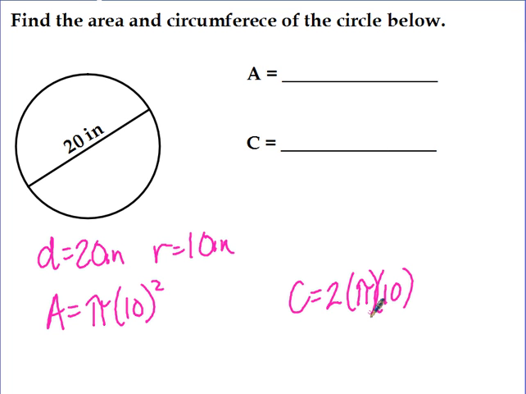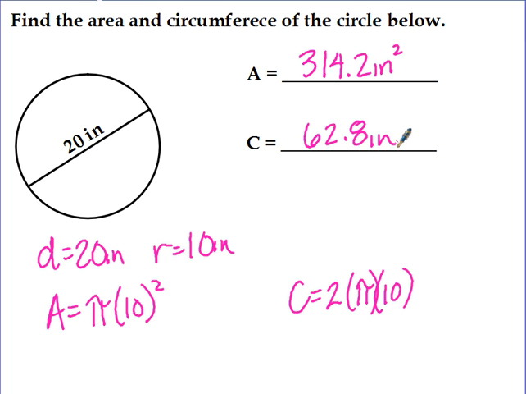And so my area ends up being, when I round it, 314.2, and my circumference is going to be 62.8. And again, that's rounding to 1 decimal place.